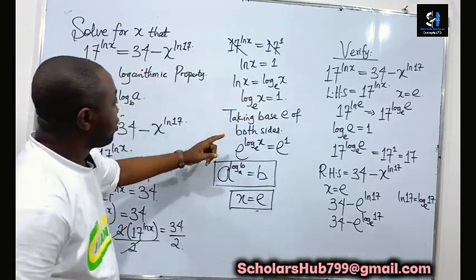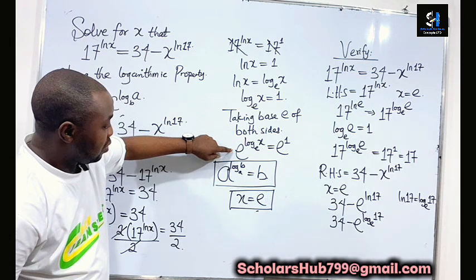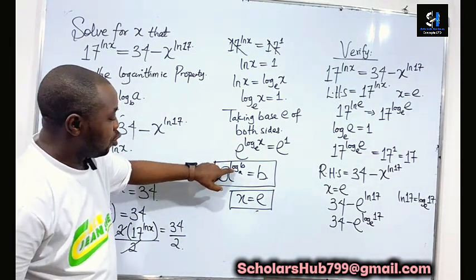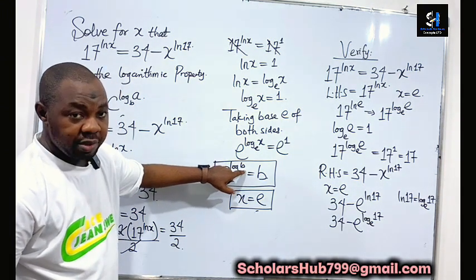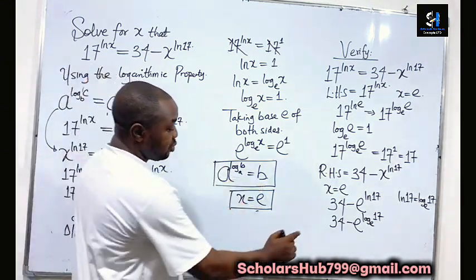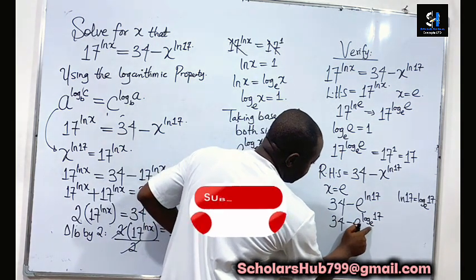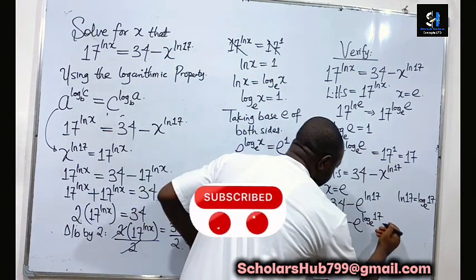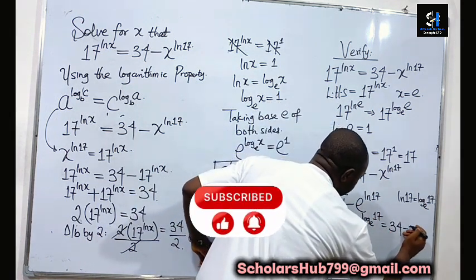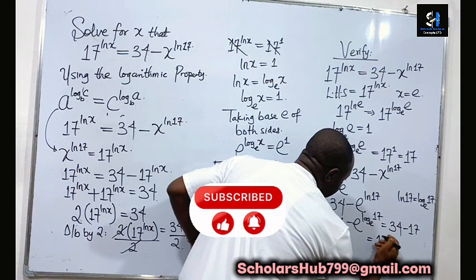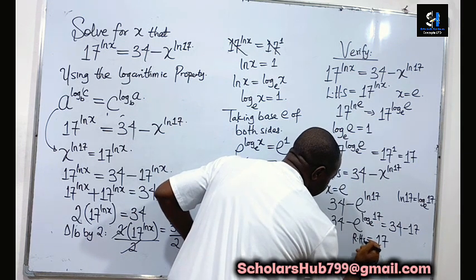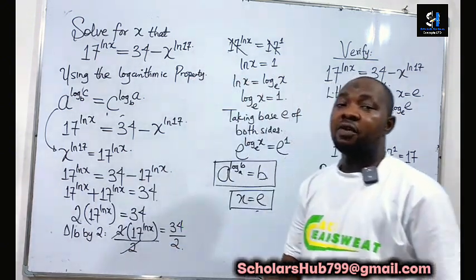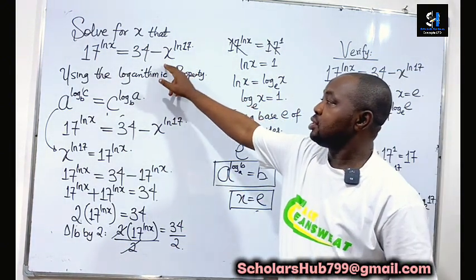Now we can recall this property of logarithms, that a raised to the power of log base a of b is equal to b. Which means e raised to the power of log base e of 17 will be equal to 17. So this will be 34 minus 17, and the right hand side is also 17. So verified. Which means the value of x which satisfies this equation is e.